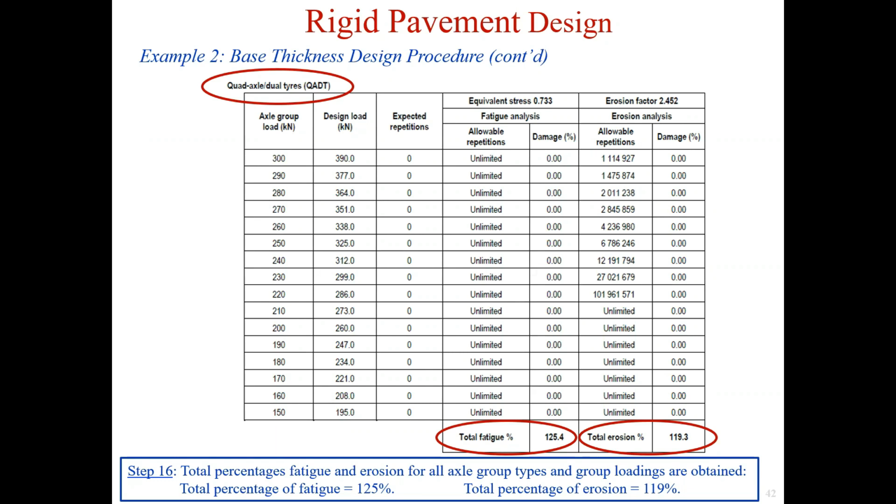The total percentage of fatigue and erosion for all axial group types and group loadings are obtained after we sum all the corresponding values. So the total percentage of fatigue damage is 125%, and total percentage of erosion damage is 119%.